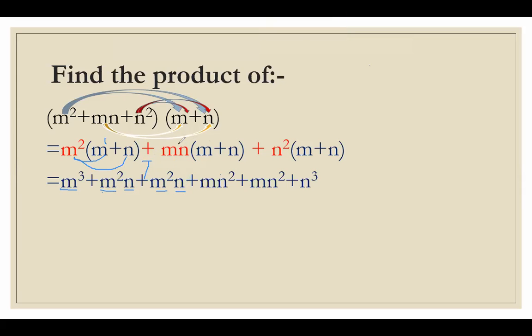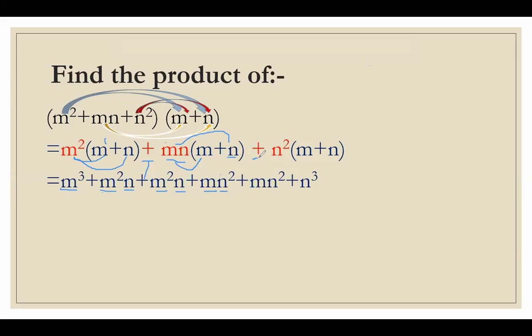Now this mn is going to be multiplied with this n. So we get n square, n into n is n square.